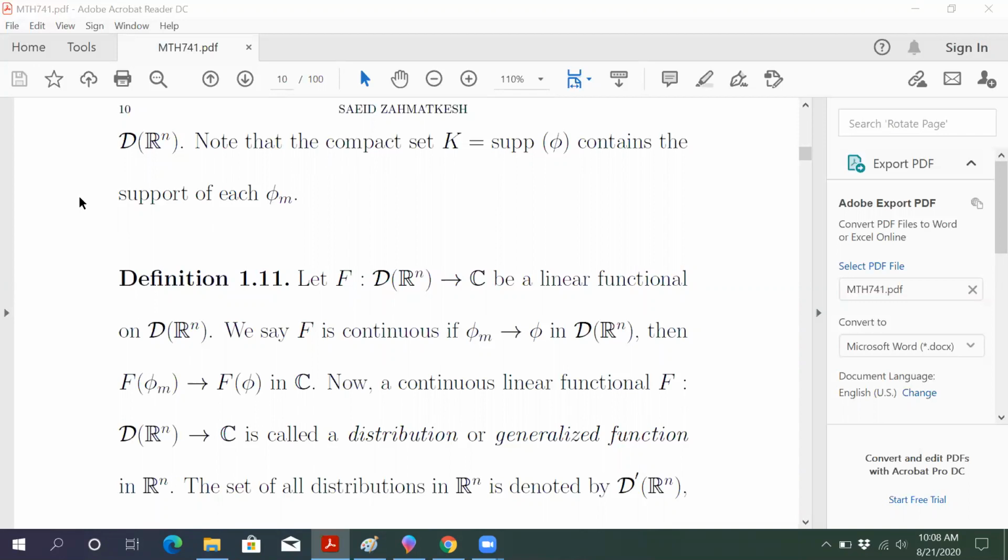Shall we go to the next definition, which is the definition of distribution or generalized functions?